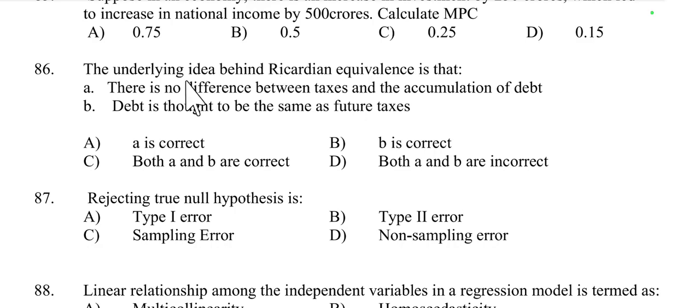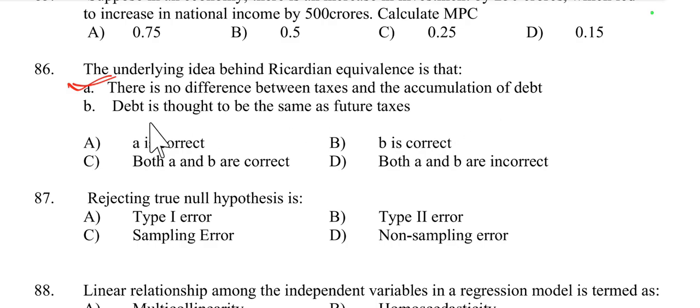So here option A is, there is no difference between taxes and the accumulation of debt. Yes, this is correct, because Ricardian equivalence posits that government borrowing is essentially deferred taxation. So there is no difference between immediate taxation and future taxation through debt. So option A is correct.